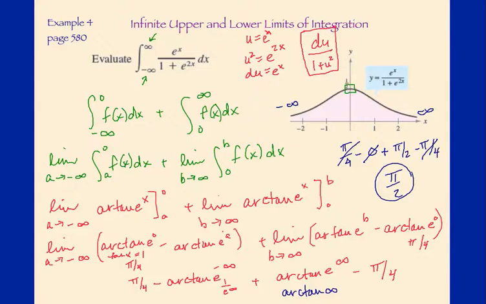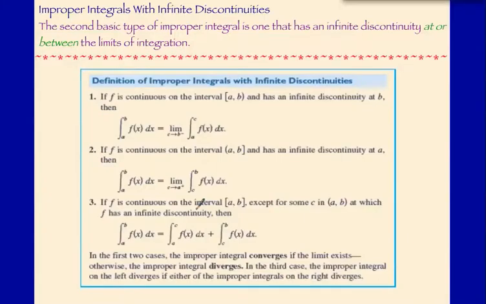Now let's go to the second type of improper integral, where we have infinite discontinuities within the function on the interval. That's going to be at or between the limits of integration. So it doesn't necessarily have to be within the endpoints of integration. It could be one of the endpoints.